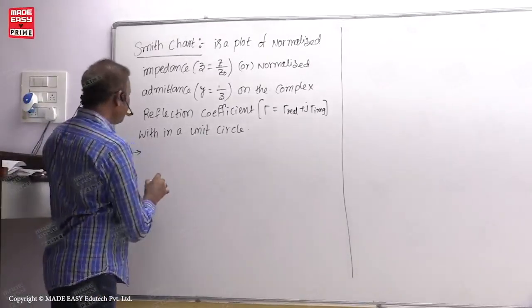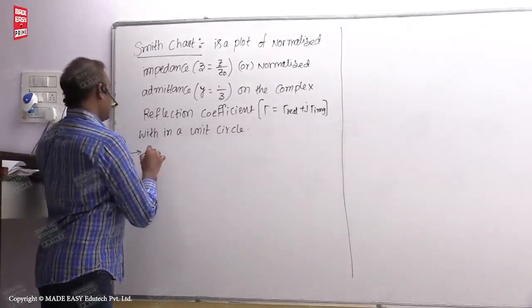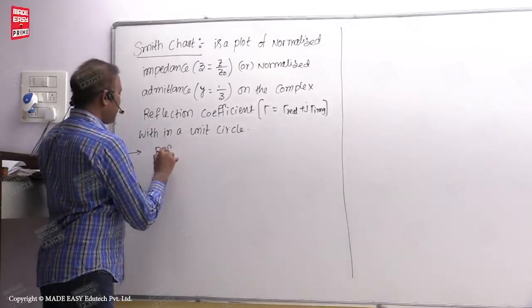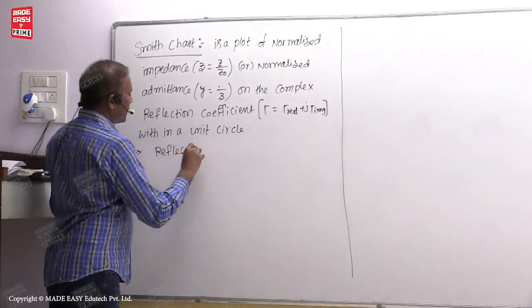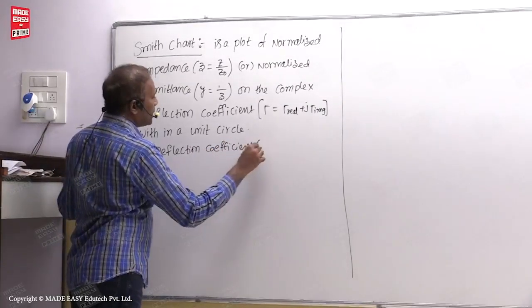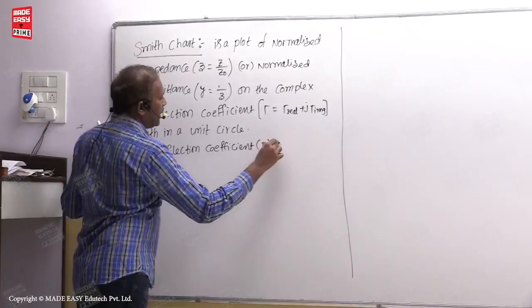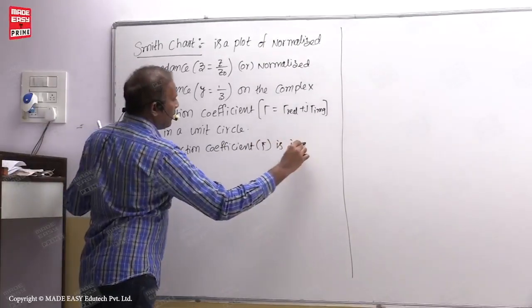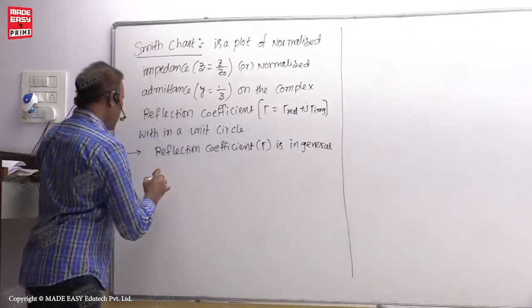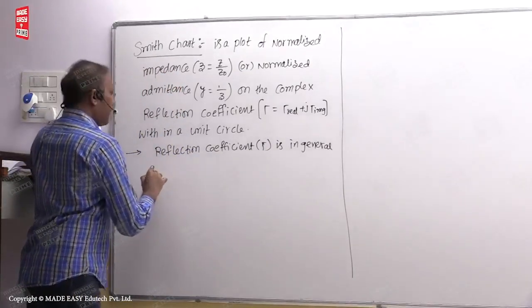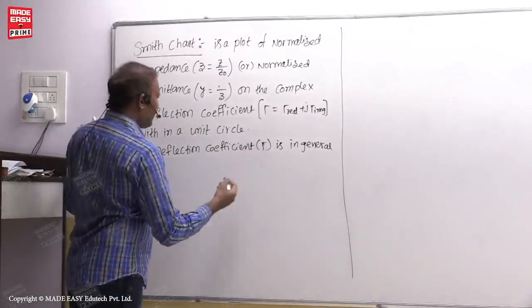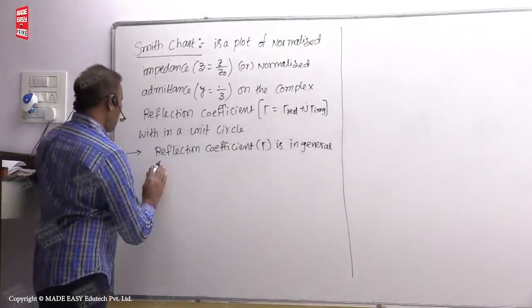First basic, reflection coefficient, that is gamma, is in general complex.